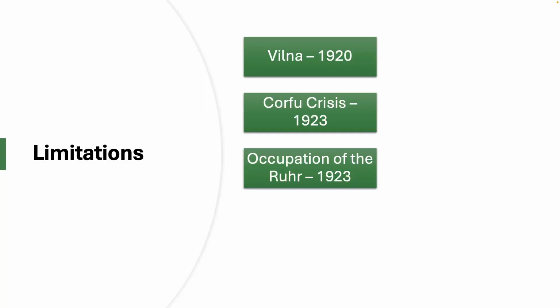It reflected the fact that the League had nothing to say about this, and Germany had to enact a policy known as passive resistance, where the workers would go on strike, so that France could not extract any of the resources from the Ruhr region. And it ultimately leads to the hyperinflation crisis of 1923 in Germany, in which the value of the German currency collapses. Again, this is a major problem that the League had no method to try and resolve.